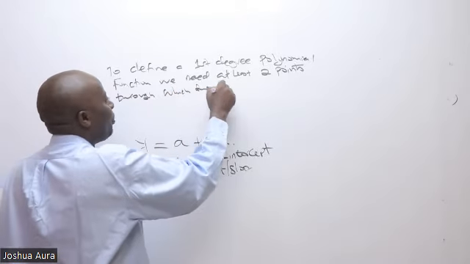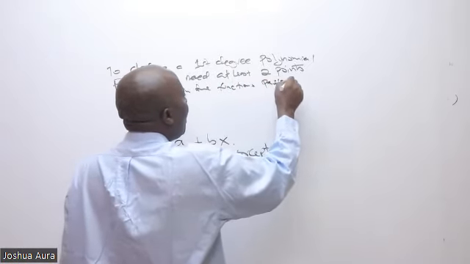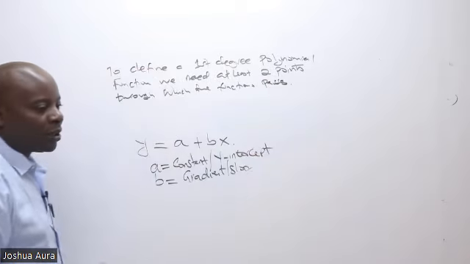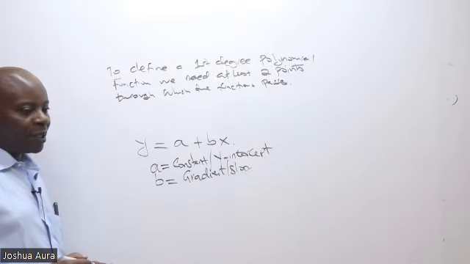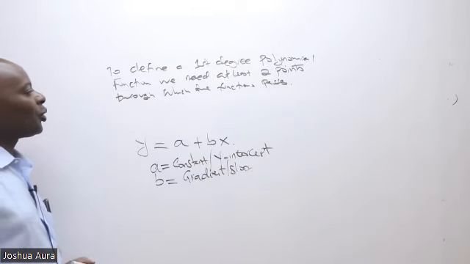To define a first degree polynomial function, we need at least 2 points through which the function passes.